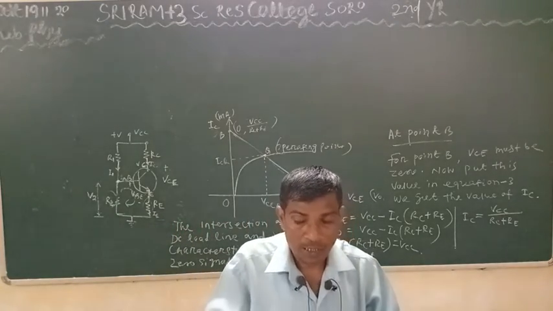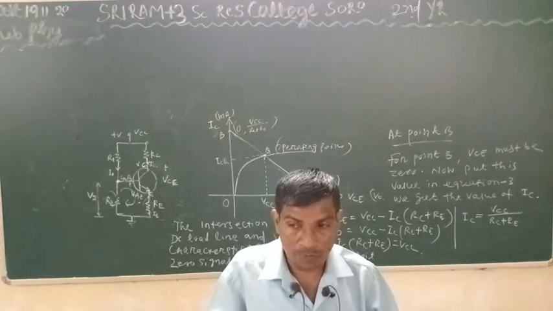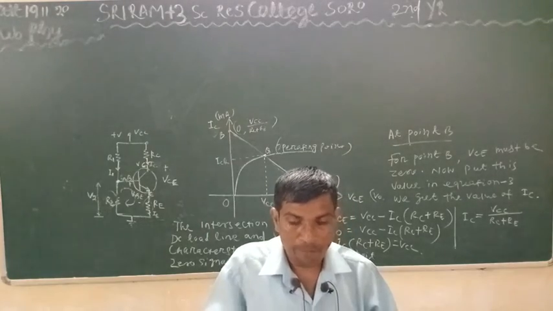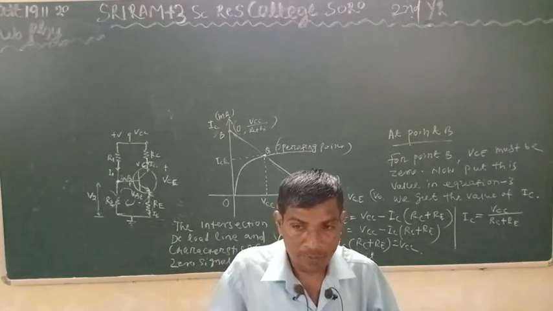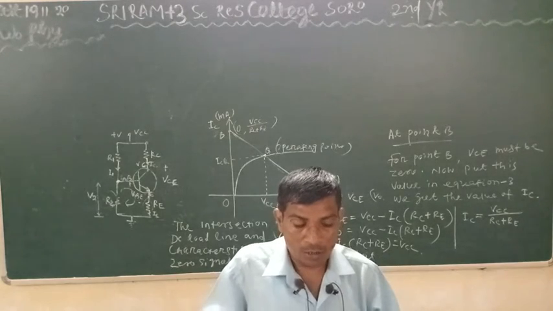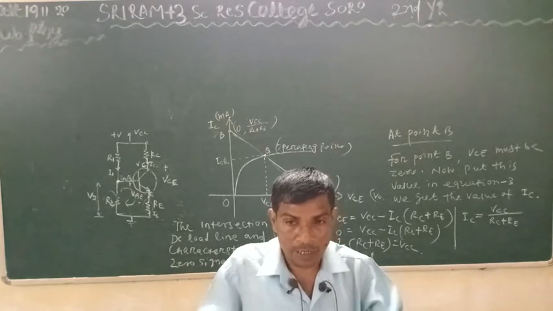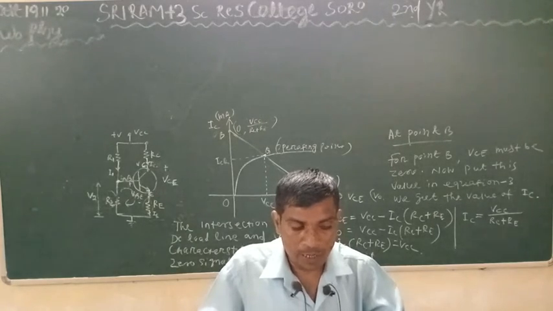When we apply any input signal to the operating point in an amplifier circuit, then it is amplified in a full phase amplifier, that is a power amplifier like class A, class B, class C, or push-pull amplifier like class AB and class C amplifier.